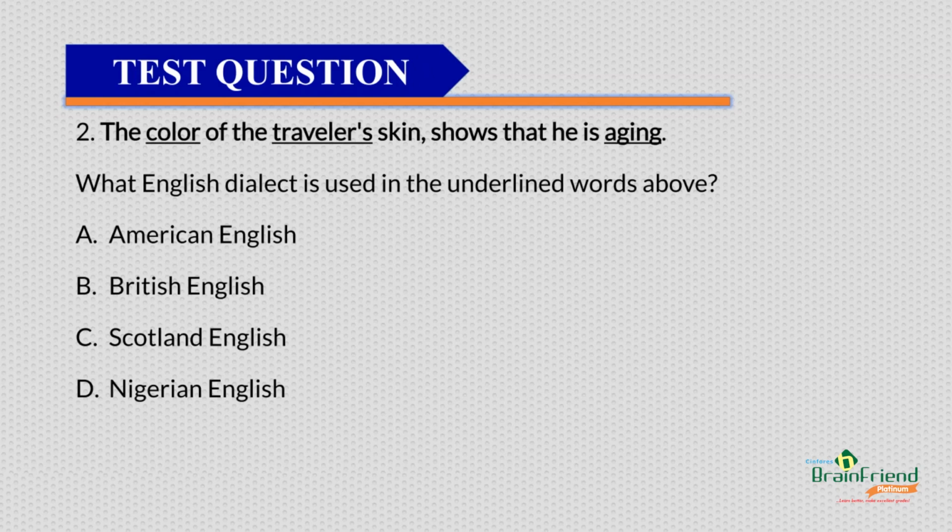We have option A, American English, option B, British English, option C, Scotland English, or option D, Nigerian English. The correct answer is A, American English.